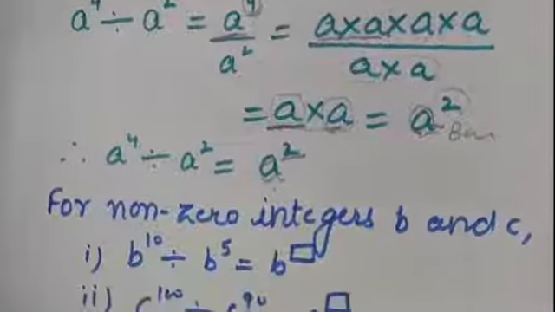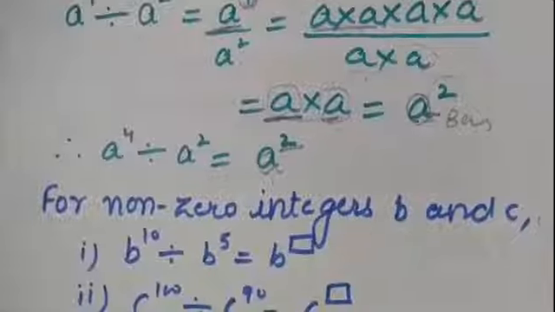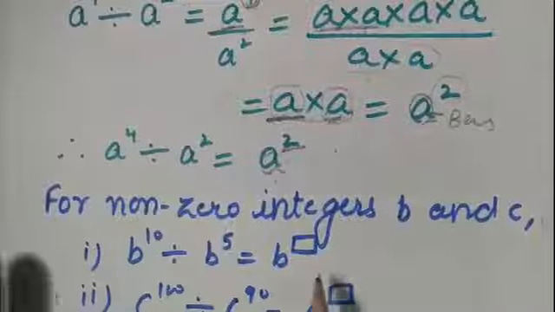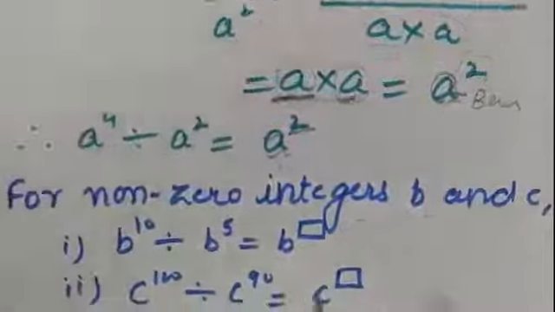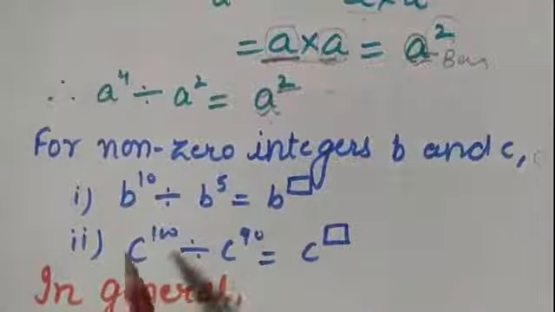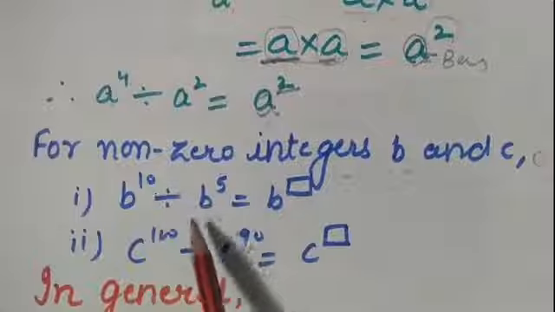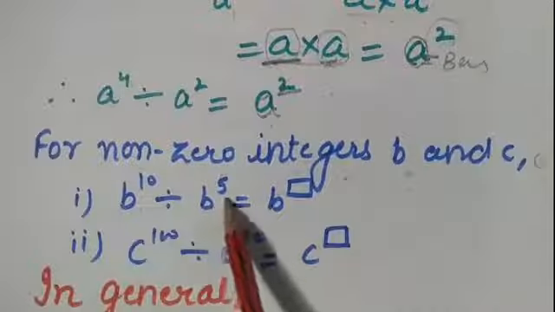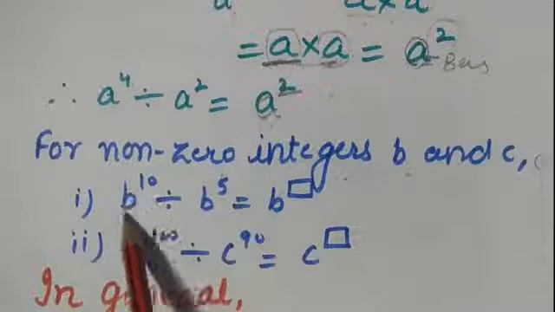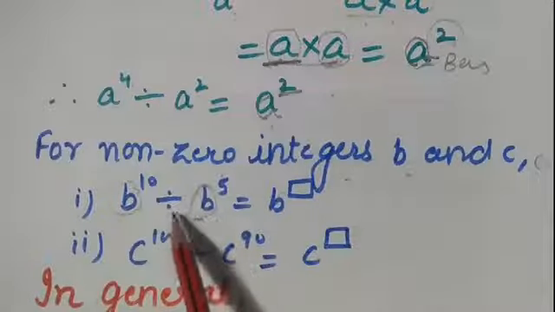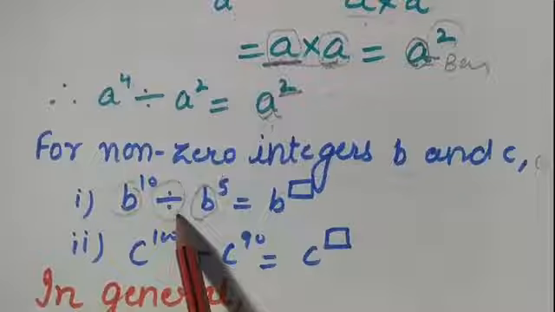Okay, so now with the examples, let us fill these boxes. For any non-zero integers b and c, we have to fill these boxes. b raised to the power 10 divided by b raised to the power 5. Here we are dividing two exponential numbers having the same base, and in between we have the division.